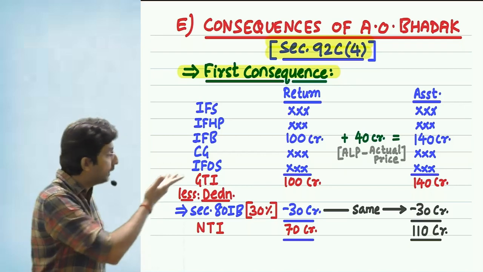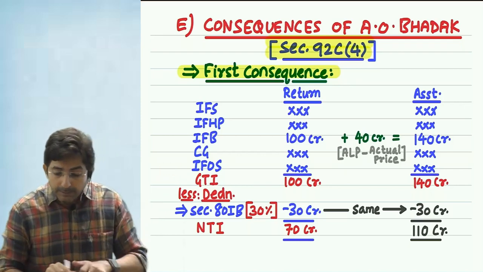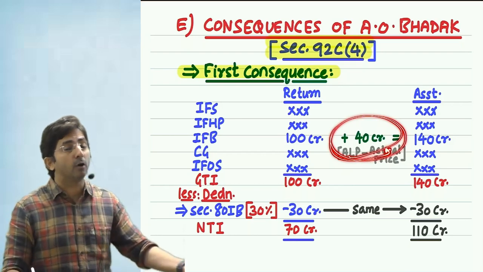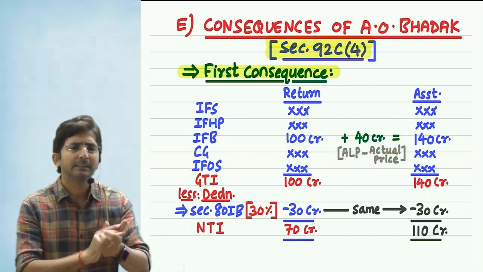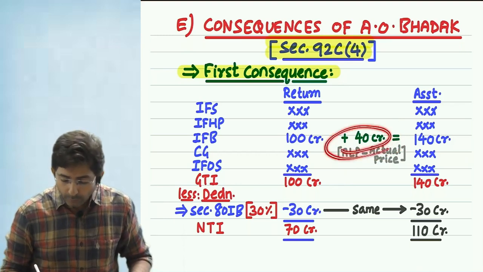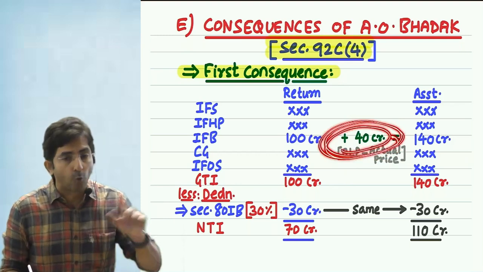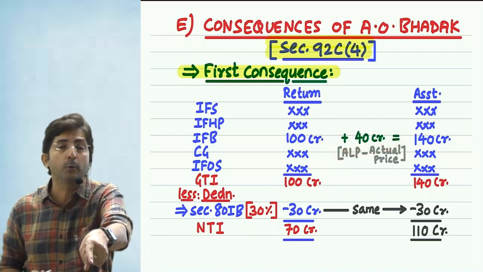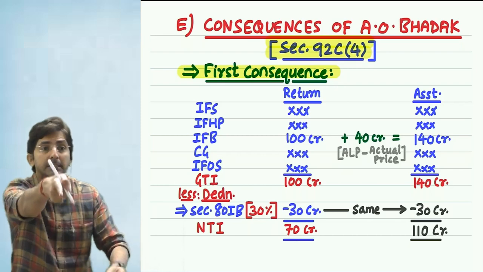And feel the figure, it's in crores. Imagine if the assessee would have added this 40 crores on his own, because actually it was the duty of the assessee to compute ALP. Who should compute ALP? Assessee.